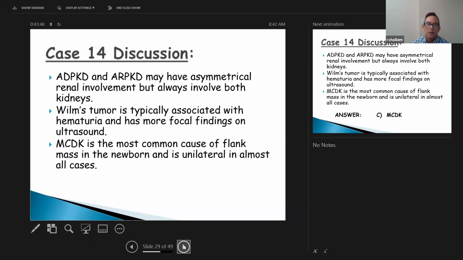So Wilms tumor can occur very early, but usually is going to have hematuria or something else, more findings on ultrasound. And the most common, well, this is kind of old because nowadays we have prenatal ultrasound diagnosis before we feel that abdominal mass in the newborn nursery, but multicystic dysplastic kidney is the most common congenital renal anomaly. And we're thankful for that because it's a fairly benign unilateral abnormality.